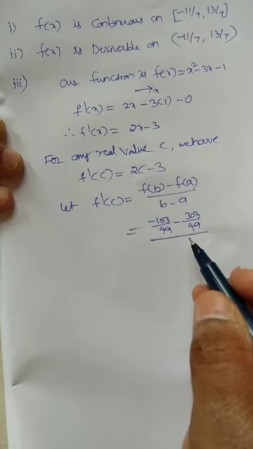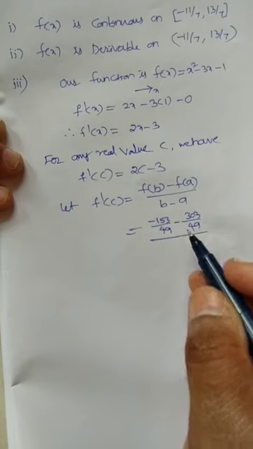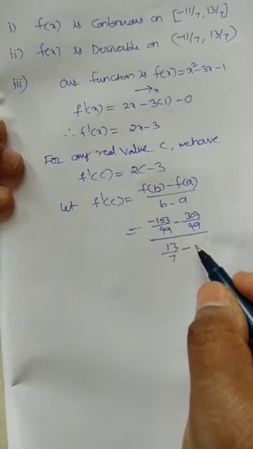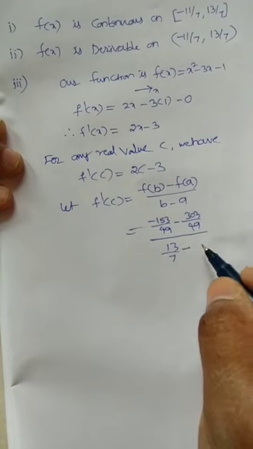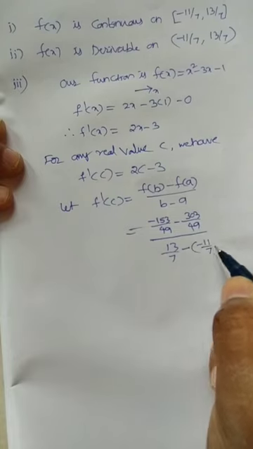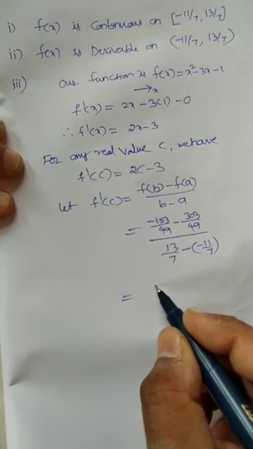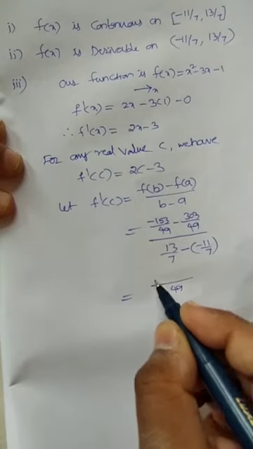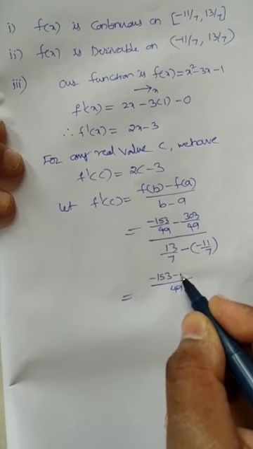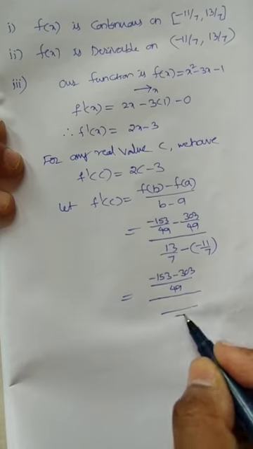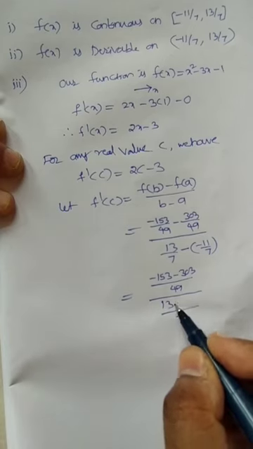What is our b? 13 by 7 minus a. Minus a is what now? Minus 11 by 7, I got. So here in the numerator 49 is the LCM, minus 153 minus 303, and by here 7 is the LCM, 13 minus of minus plus 11.